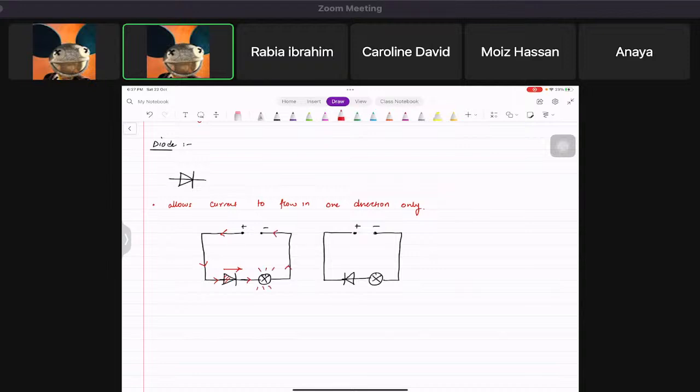But in the other case, when it's going here, it will not allow the current to go, which means the bulb will not light up. So this way you can control where the current should flow and where it should not.